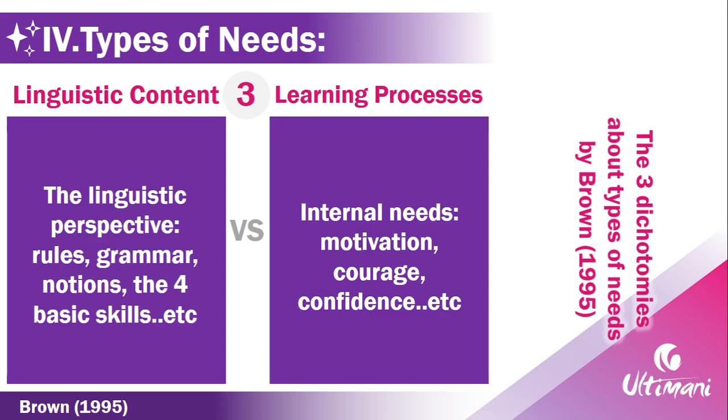The linguistic content is the linguistic perspective, rules, grammar, notions, the 4 basic skills of learning language: writing, speaking, reading, and listening. And the learning processes are just the internal needs like motivation, courage, confidence, and so on.